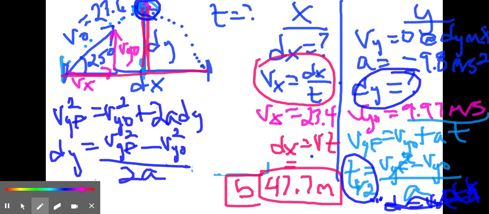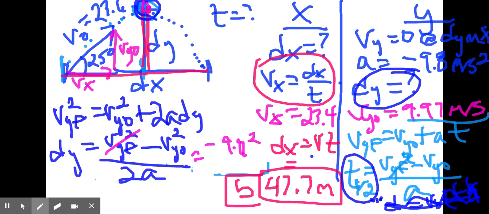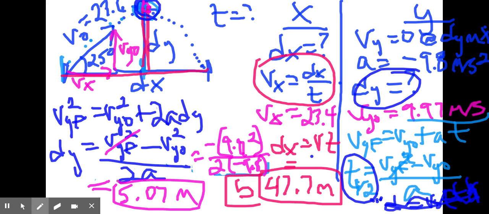Because remember, up here, we've got 0 meters per second at the top in the y direction. So that leaves us with a negative vy naught squared over 2a. So if you go ahead and calculate this, or plug in your numbers, you should have negative 9.97 squared. Make sure that's all in parentheses, divided by 2 times negative 9.8. And I'm sorry, it's really squished up here. So your dy should be equal to 5.07 meters. So that's your answer for part C.